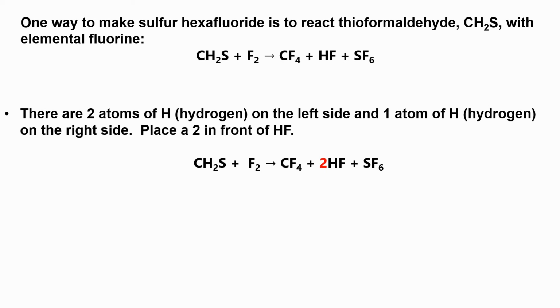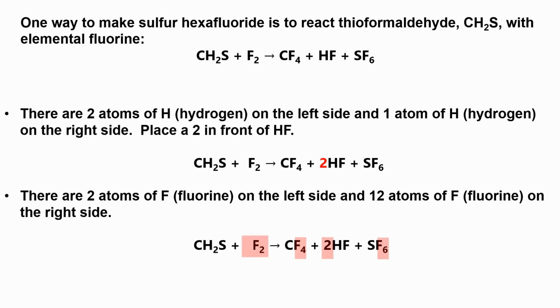There are two atoms of fluorine on the left side and 12 atoms of fluorine on the right side, where 4 atoms of fluorine come from carbon tetrafluoride, 2 atoms of fluorine come from 2 moles of hydrogen fluoride, and 6 atoms of fluorine come from sulfur hexafluoride.